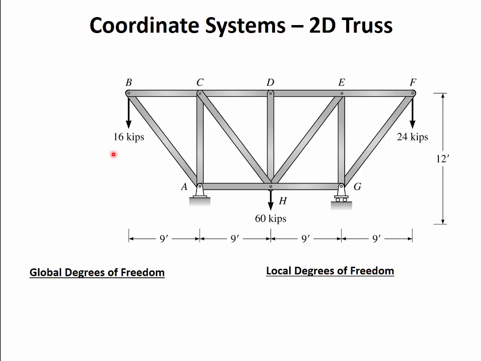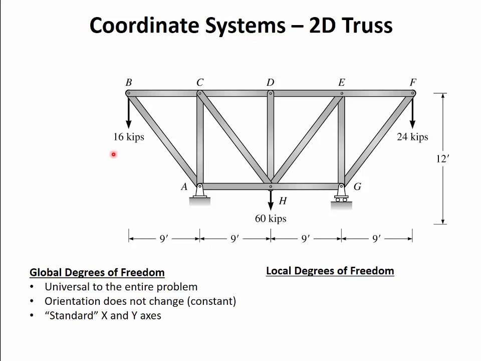Coordinate systems. So the global coordinate system is universal to the entire problem. The orientation does not change. It's constant no matter what member we're looking at. I don't care if I'm at member BC, CD, GH, AH. It does not make a difference. And it's what we would typically refer to as our quote-unquote standard X and Y axes.